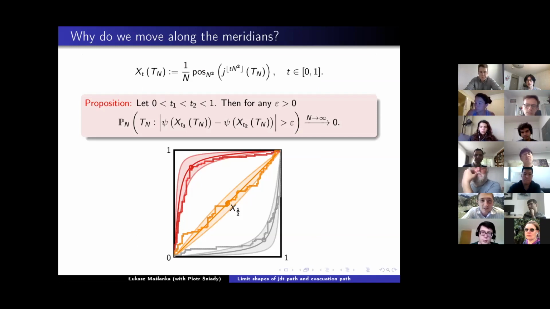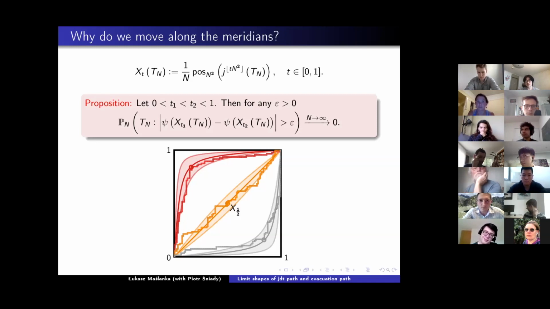For this, we need some suitable parametrization, which we call the parametrization by time. In this parametrization, we observe the scaled position of the biggest box after removing t fraction of boxes from our initial tableau.